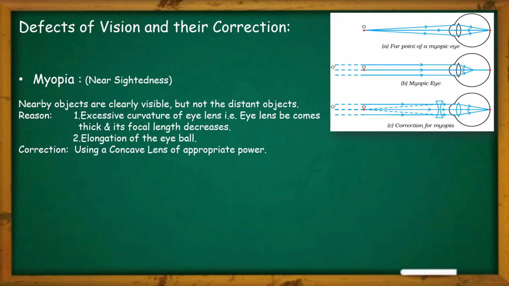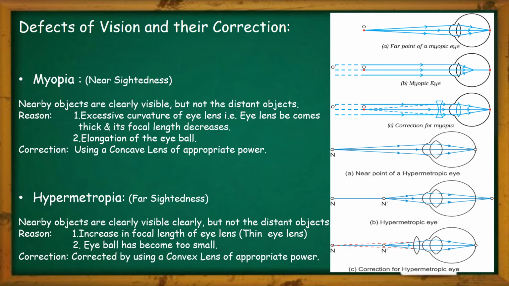So what can we do for the correction of this disease? Of course, for the correction of this disease we can use a concave lens of appropriate power. If we wear spectacles having a concave lens of suitable power, then this kind of eye disease can be cured.